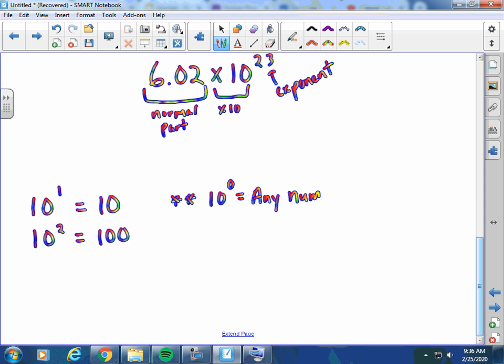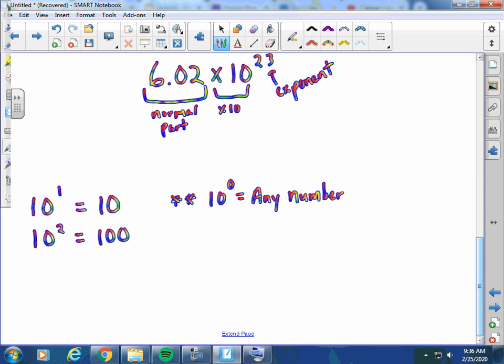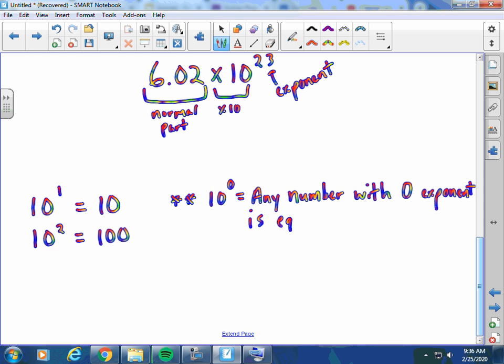Any number with 0 exponent is equal to 1.